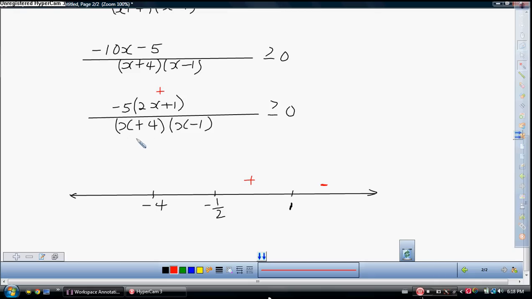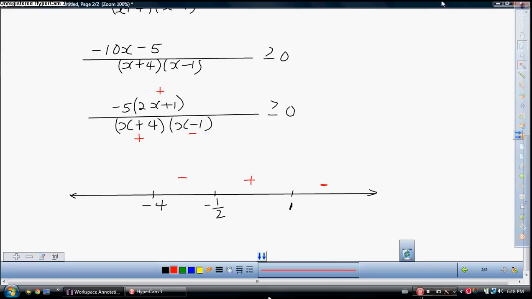Negative 3 plus 4 would be positive, and negative 3 minus 1 would be negative. So between this interval, our rational inequality is negative.